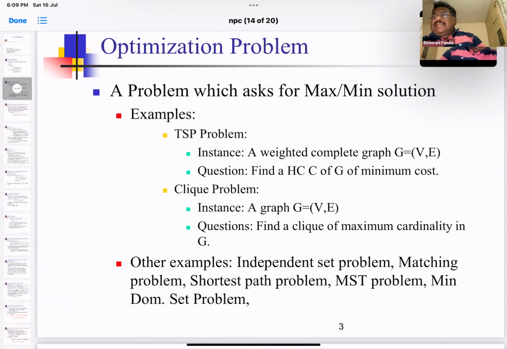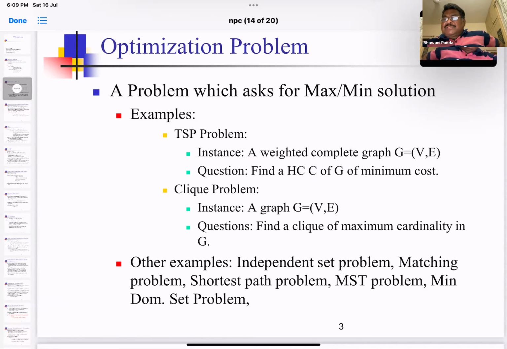Similarly, the clique problem: a graph is given, and you want to find a maximum cardinality clique in G. Among all cliques, you have to maximize the cardinality, and that is the clique number. So these are optimization problems.